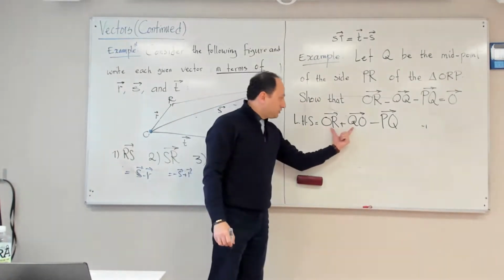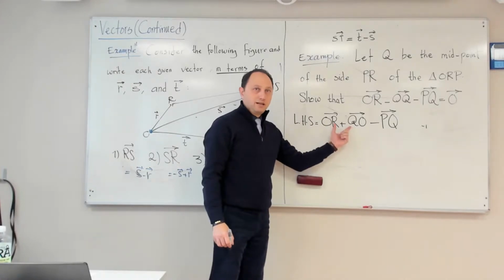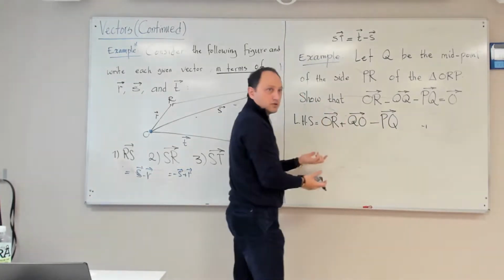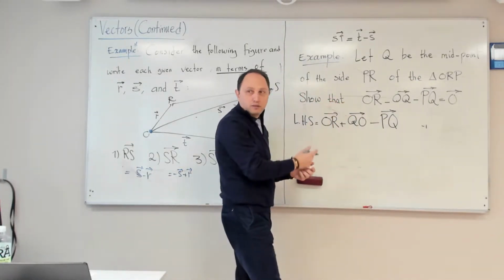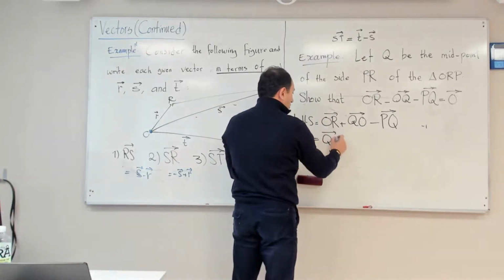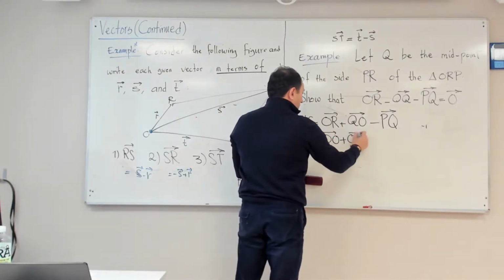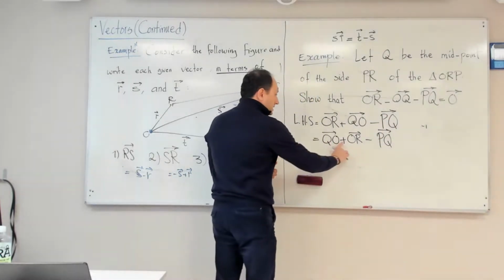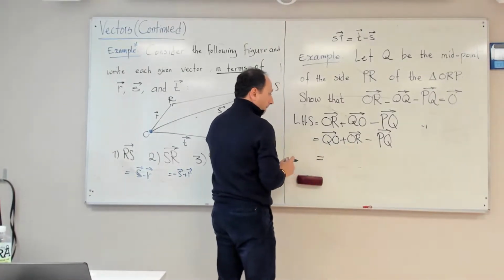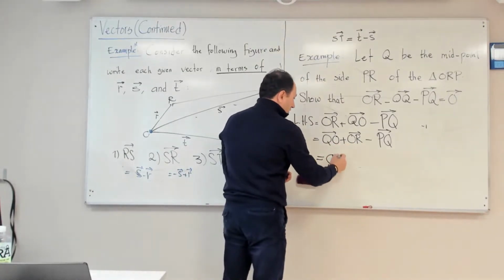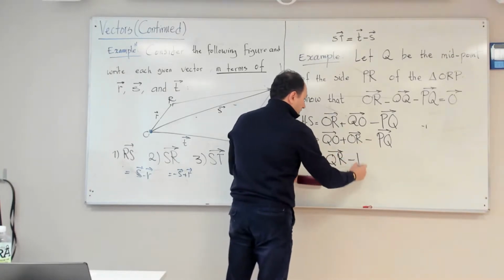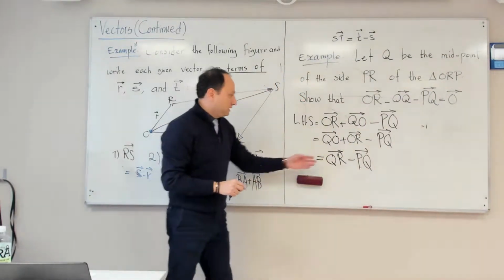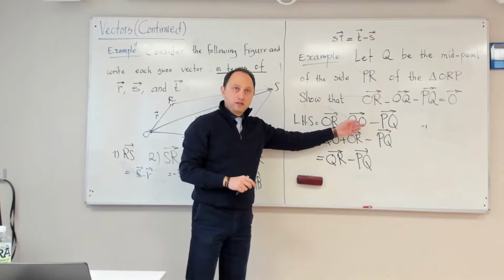In this form it is not the shall rule, but I can make a shall rule out of it by interchanging these two, because A plus B is exactly equal to B plus A. So I can write QO plus OR, and then I keep this one the same. And then this is exactly the shall rule. So it becomes QR, and let me keep it that way. This is better than the starting point, because at least I am dealing with 2 vectors instead of 3 vectors.